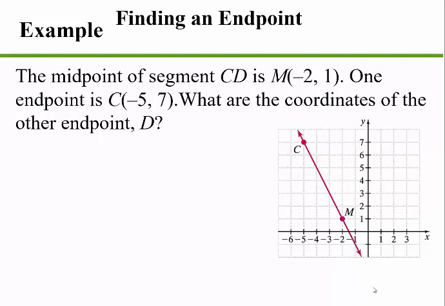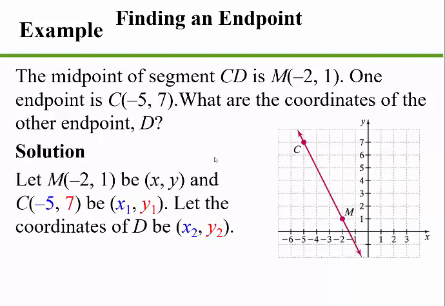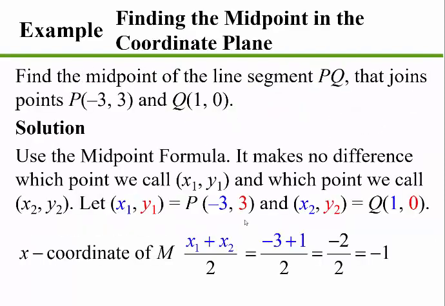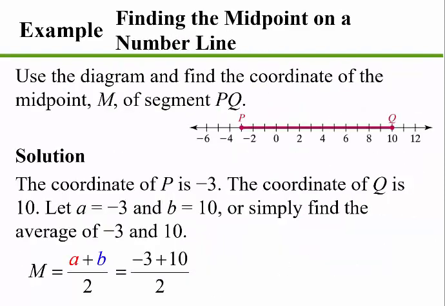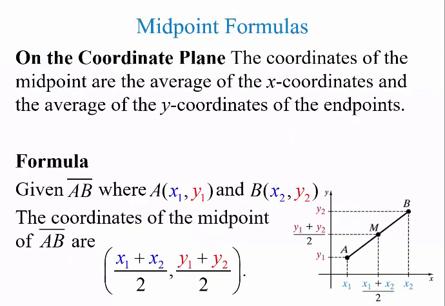What is it? So how the heck am I going to figure this out? All right. So what I'm going to do, I'm going to start by writing what I know. I'm going to let M, the midpoint, negative 2, 1, be equal to x comma y. I'm going to go back to our formula here. Forgive me for going back. We're going to say that this is equal to x, and this is equal to y.